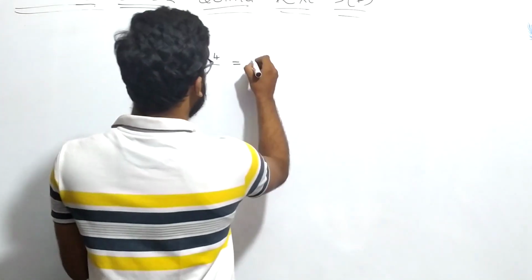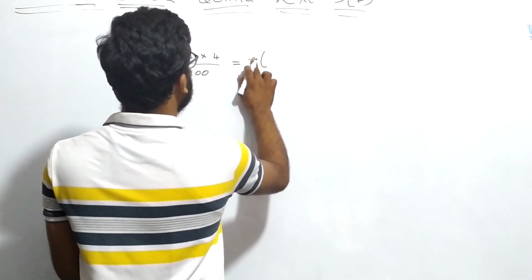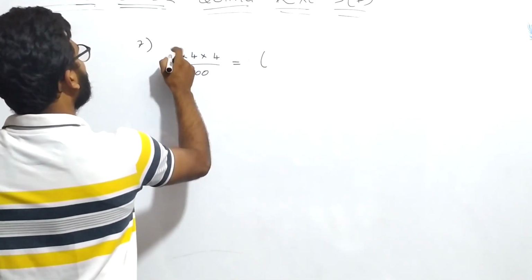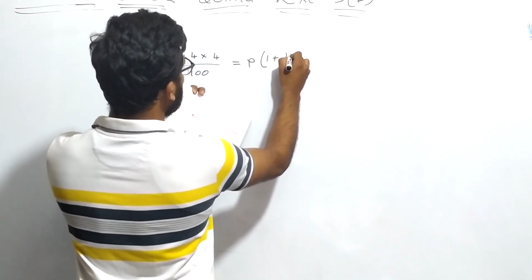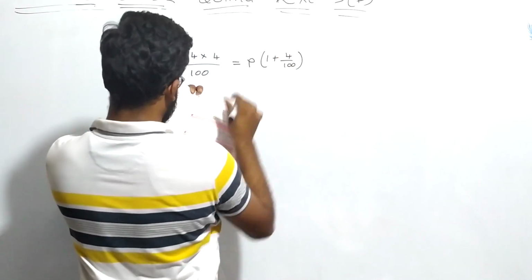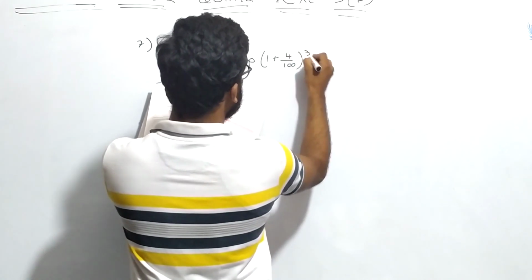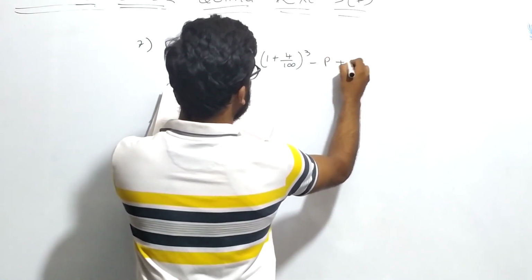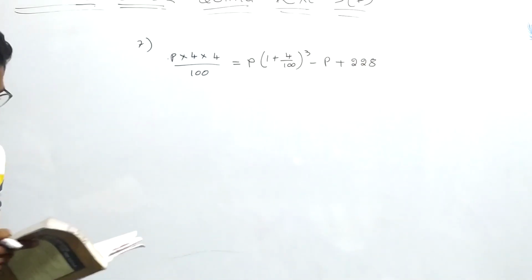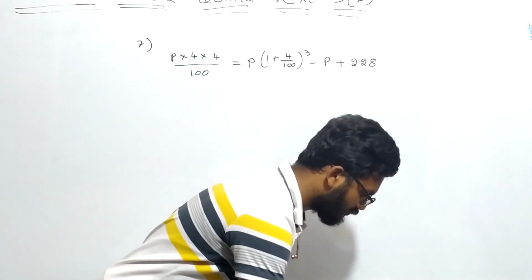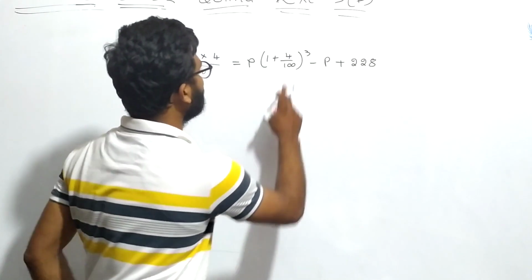So compound interest will be how much? Let it be P only. P into 1 plus 5 by 100 for 3 years, minus P, plus 228. This is what they give, right? Sorry, here it is 5% per annum.